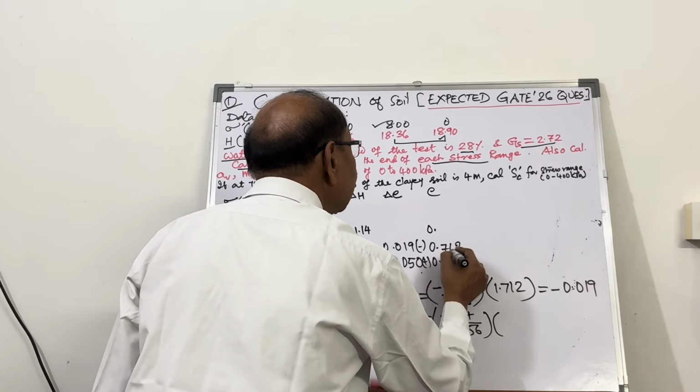So E minus delta E will give you 0.731. So this can be also calculated.